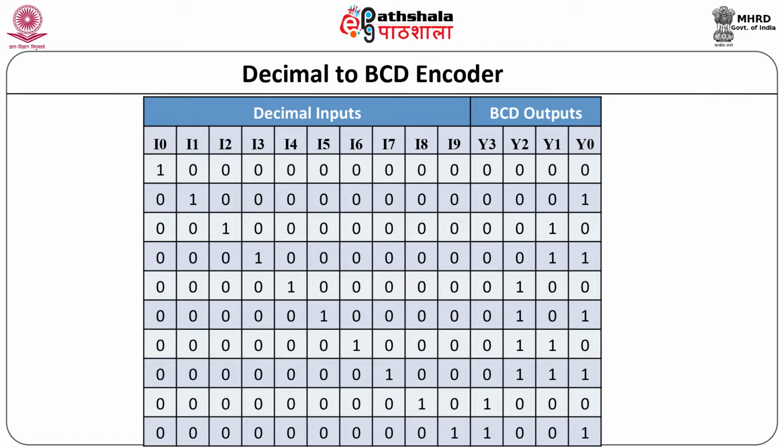In the truth table, I0 represents least significant digit and I9 represents most significant digit. Similarly, in the output, Y0 represents LSB and Y3 represents MSB. The truth table includes only valid combinations of the inputs.